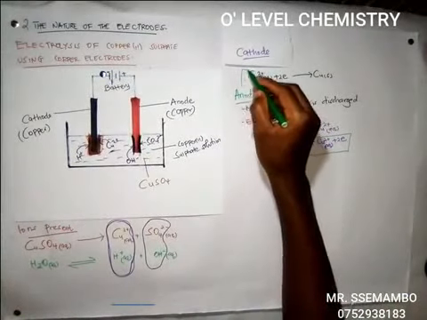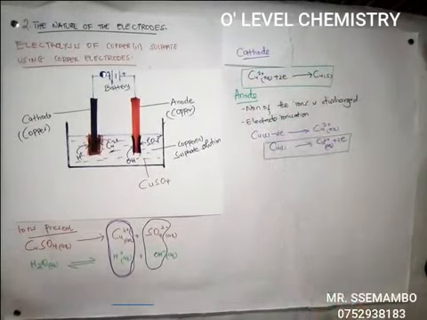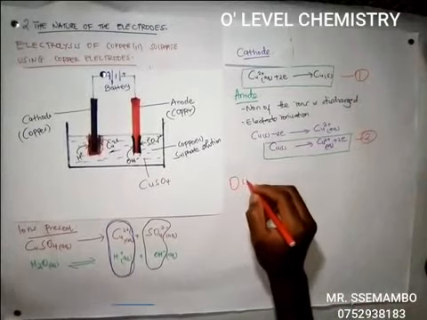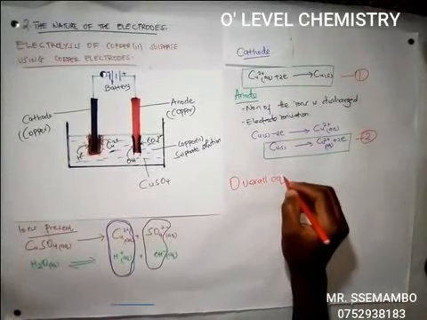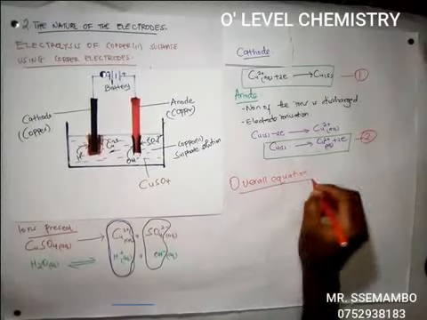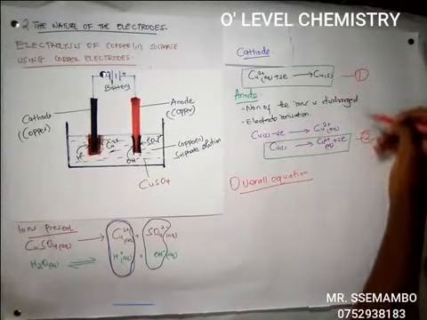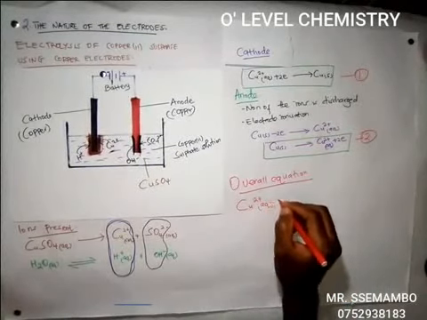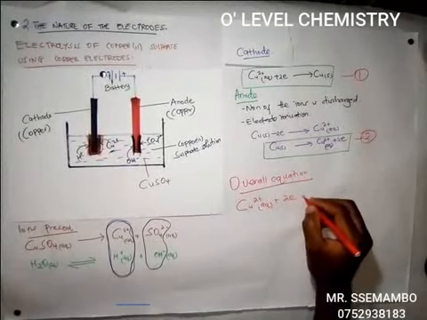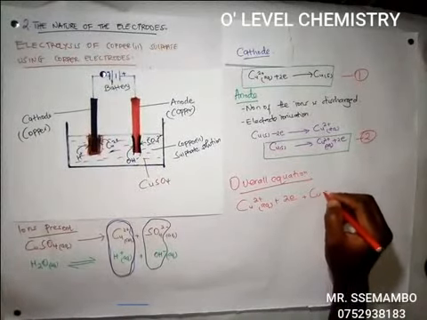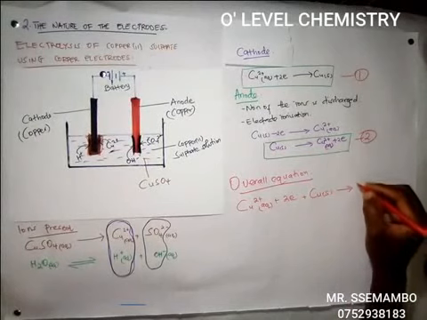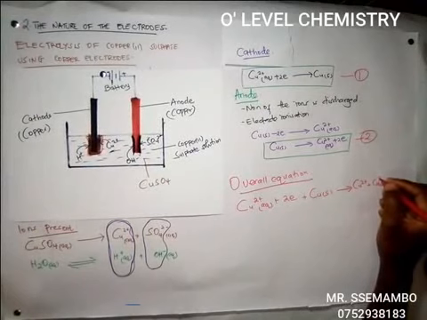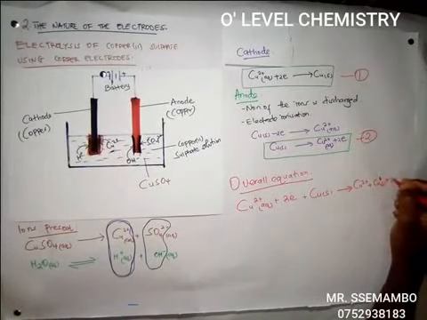The equation at the cathode is this one here. From these two equations, this is number 1, this is number 2, we can write the overall equation. The overall equation can be given by adding equation 1 plus equation 2. So we have copper II ions aqueous plus 2 electrons, then plus copper solid, giving us on this side copper II ions plus copper solid, then plus 2 electrons.